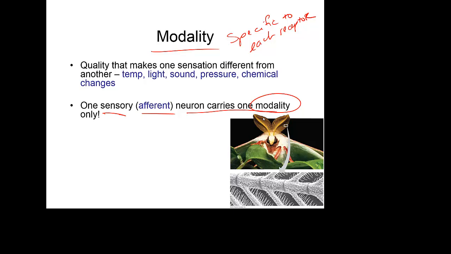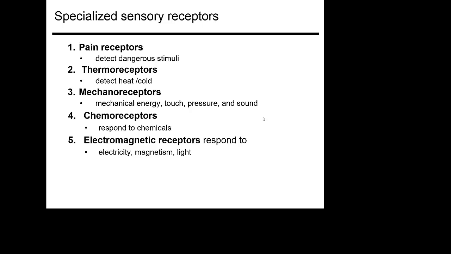You would have to lick your desk, right, to know what it tastes like. This is important because we don't want our receptors getting mixed up. We don't want to have our chemoreceptors that are associated with taste and smell. We don't want those to suddenly be trying to deal with light that we see, or electromagnetic receptors, okay?